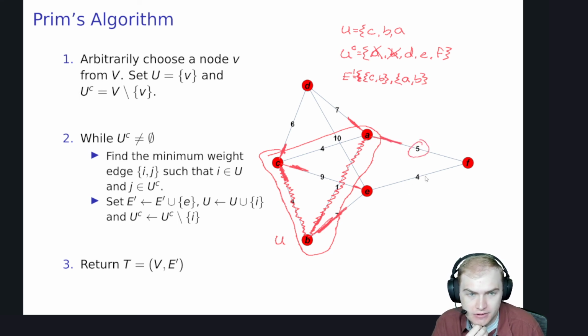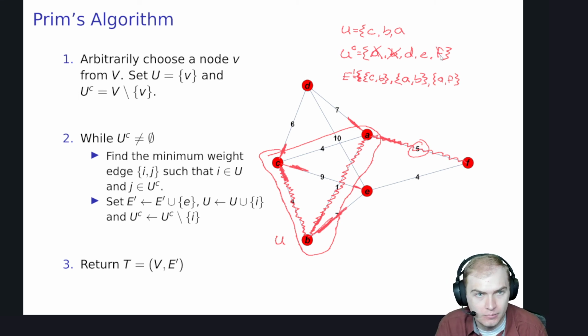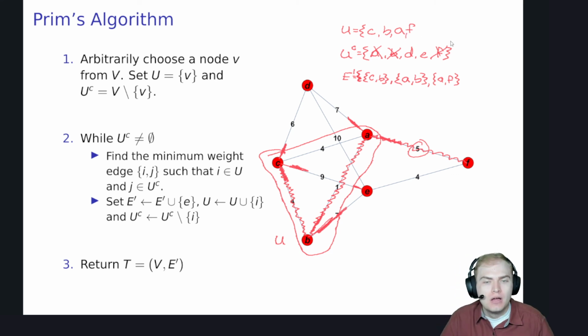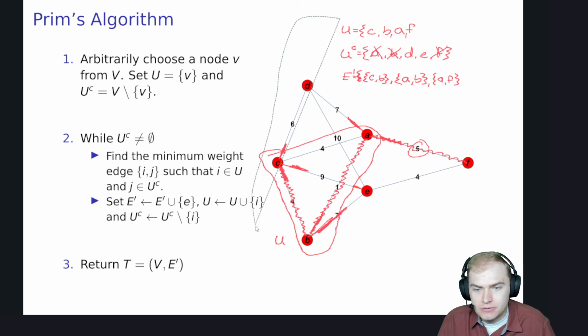Looks like the smallest is this 5 here. So we're going to add A to F. Cross out F from U complement, add it to U, and continue.